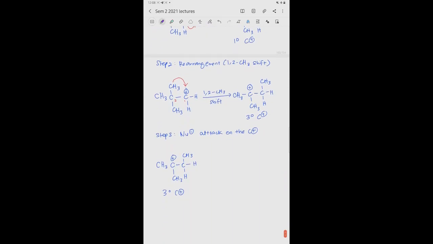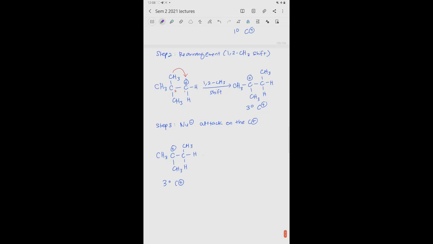So back to step 3. This carbocation will react with the OH minus. The OH minus attacks the carbocation, and the reaction is fast.